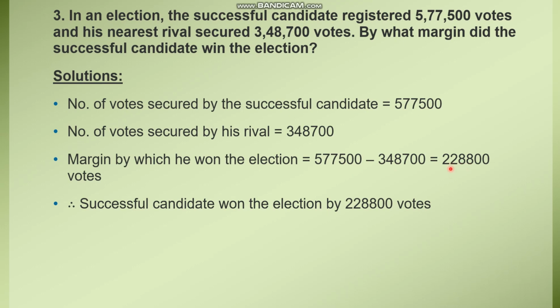So therefore, the successful candidate won the election by 2,28,800 votes. Is it clear, children? This is the way to answer this question. Now let's move to the fourth question.